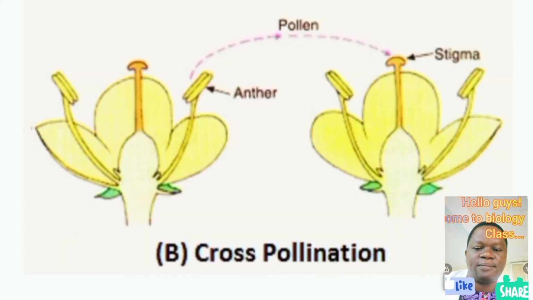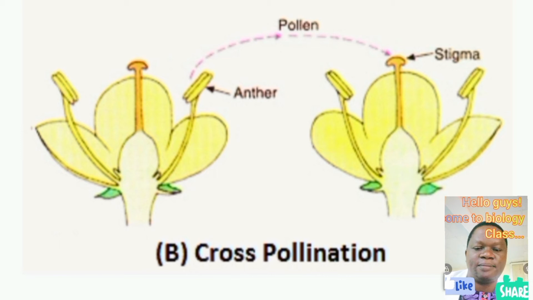The second type of pollination is referred to as cross-pollination or mixed pollination, and that means the transfer of pollen grains from the anther of a flower to the stigma of another flower. The two flowers involved have to be of the same species, though they could of course be different varieties.